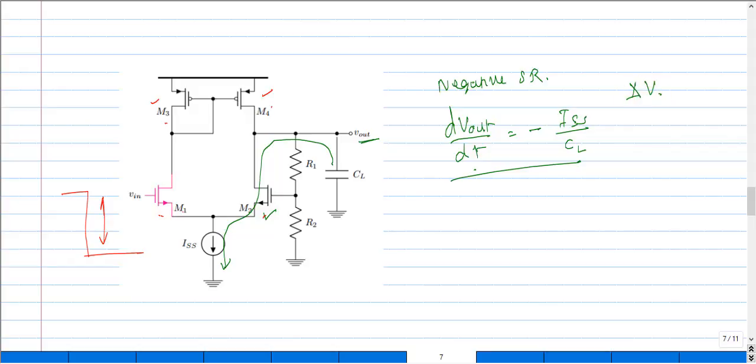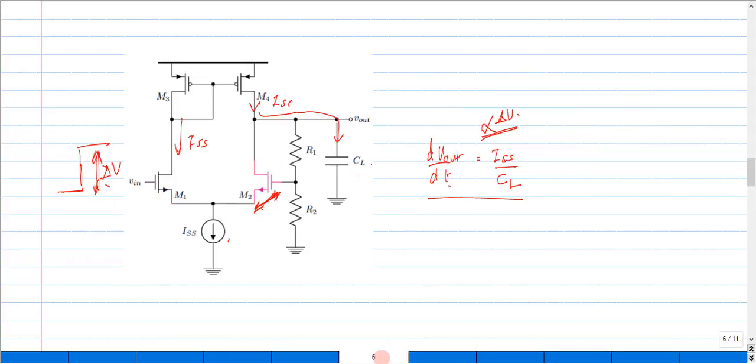Okay, now how long would this action keep on continuing? I didn't even discuss that in the previous case, but the point is how long this will happen. Let me go over the previous circuit. How long would the output have this kind of relation? This is the rate at which the voltage across the capacitor keeps on rising, and once it reaches a particular value, what happens to this node?